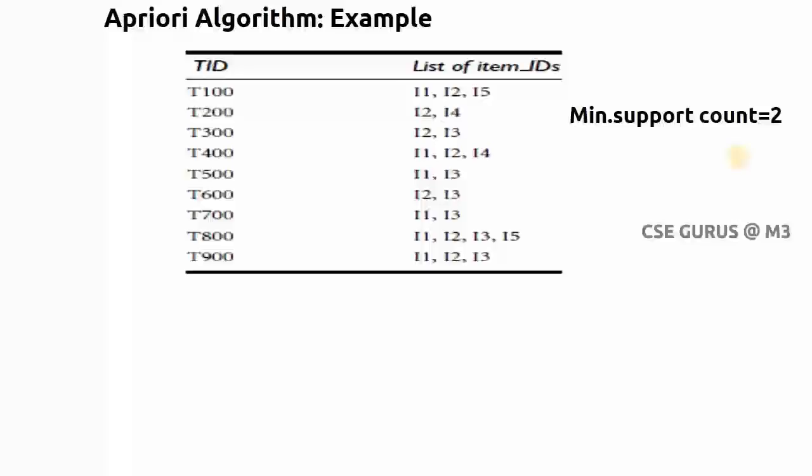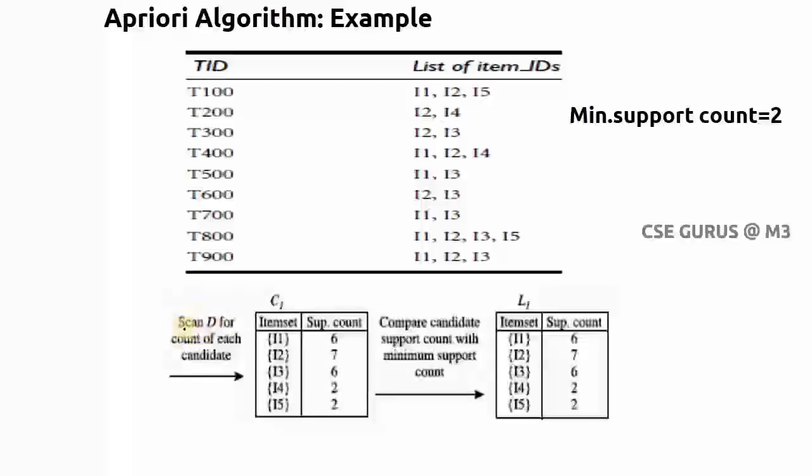What is our first step? Scan the database D for the count of each candidate, in the sense each product. How many products are there? Totally 5 products: I1, I2, I3, I4, I5. Scan the database, that means you need to find the count of each item.